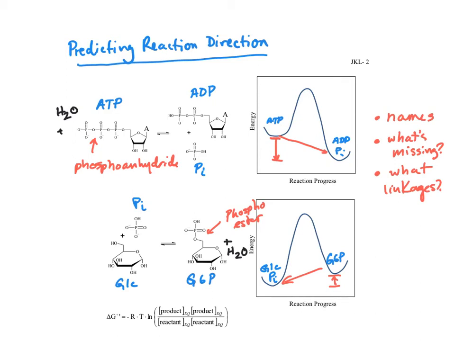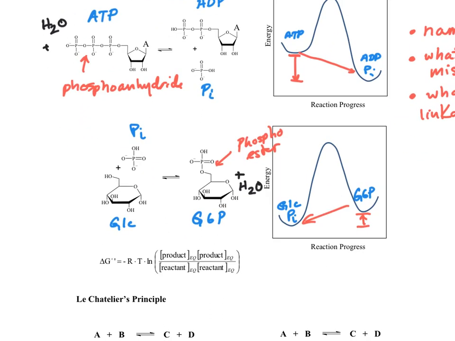Well, how do we know these things? Well, it has to do with how we measure what this is. And this is going to be called the delta G naught prime. You're not ever going to have to do this calculation, but it is an important idea. If we take a standard concentration of ATP, ADP, and phosphate, if we take 1 molar of each of those, put them in a reaction, and let them go to equilibrium, we would find something quite astonishing.